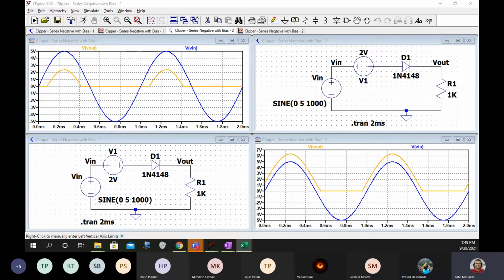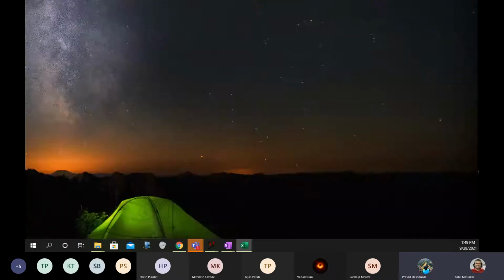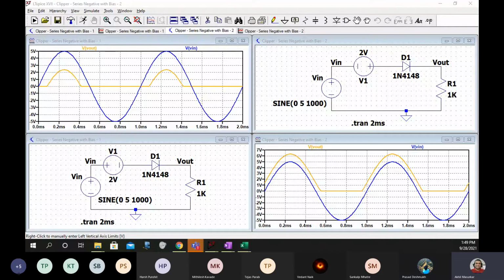Sir, why have you given the name series negative to both? I cannot hear you. Yes, tell me. The name of both graphs is series negative with bias 1. So it is already named here: series negative with bias 1, and this is with bias 2.